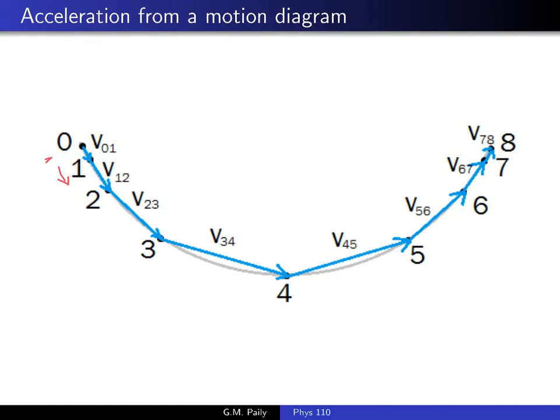Similarly, at point 8, the particle comes in with some velocity and then comes to a stop. So velocity after is 0, and this is the velocity before. If we look at the change in velocity, that is velocity after minus velocity before, we see that this acceleration points exactly opposite to the velocity.